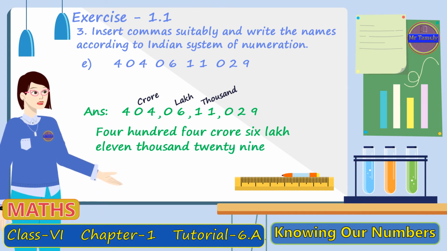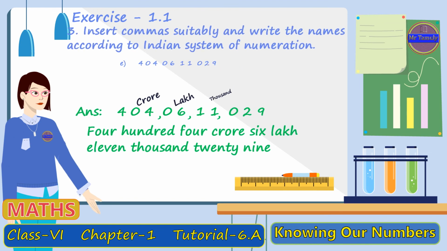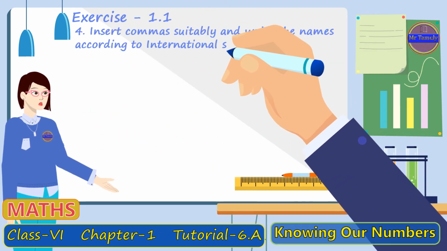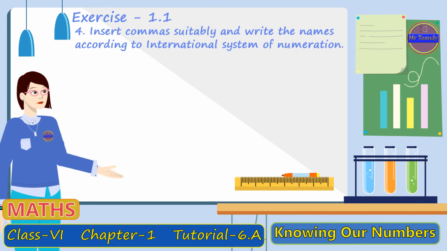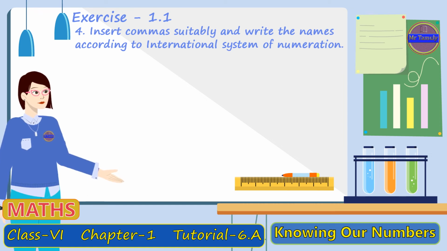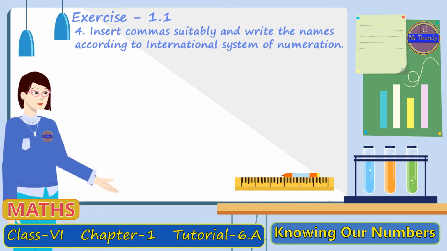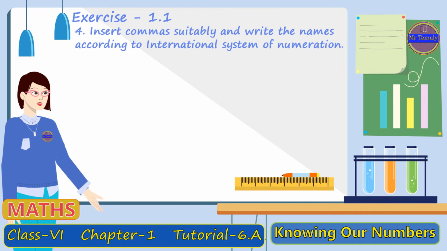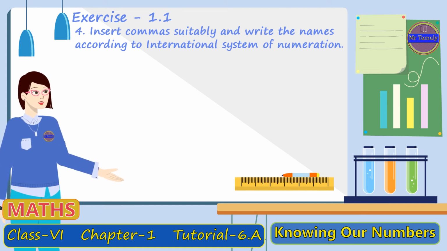Let us now move to question number 4, which says, insert commas suitably and write the names according to International System of Numeration. This question is similar to question number 3. The only difference is, this time we are to use the international method of numeration, whereas in the previous question, we used the Indian method of numeration.